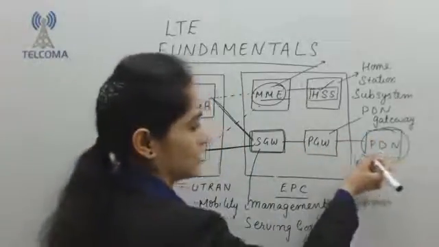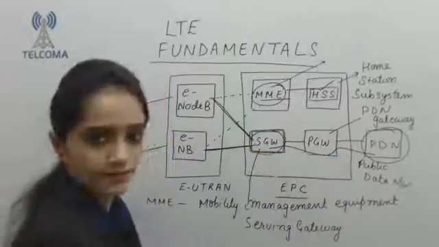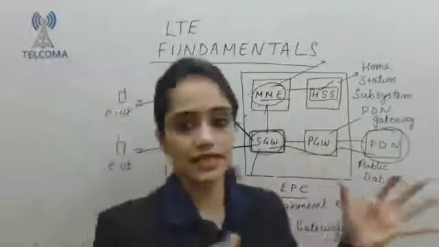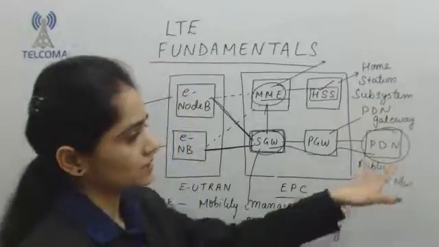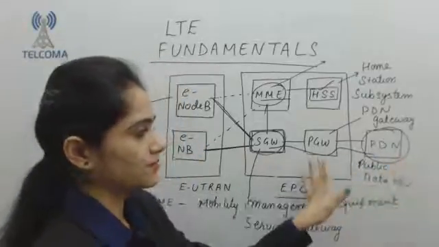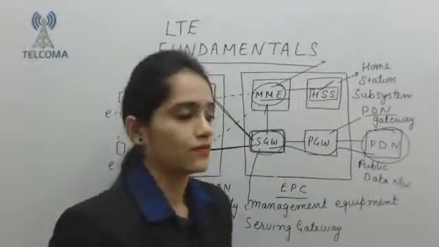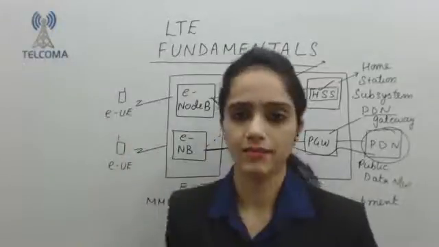Data will be routed from PDN to PDN gateway to serving gateway, and then the serving gateway will forward packets to eNode B. Serving gateway can also contact MME, because these are interconnected in the EPC. So we have 4 nodes in between, and I get data.